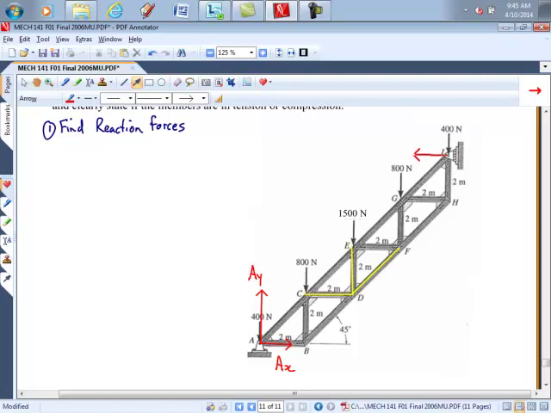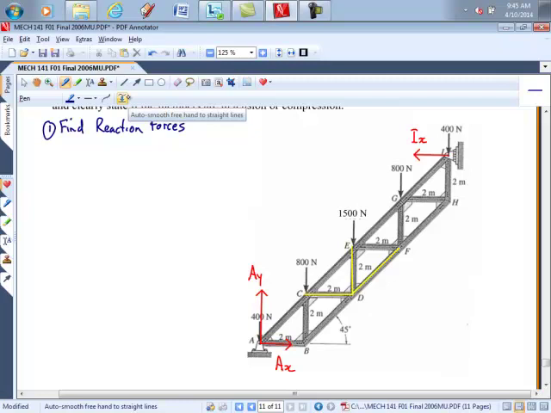So it's going to only have an X, and it can only be to the left. The rollers aren't going to hold it in. So there's my free body diagram.